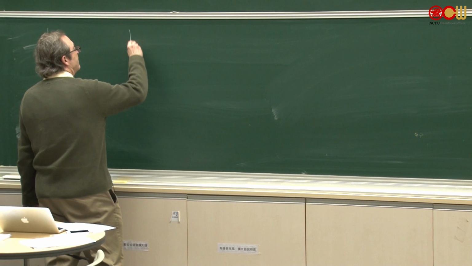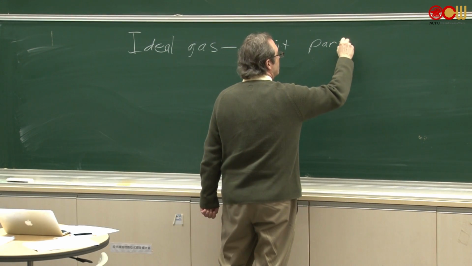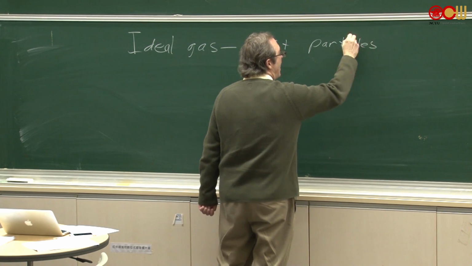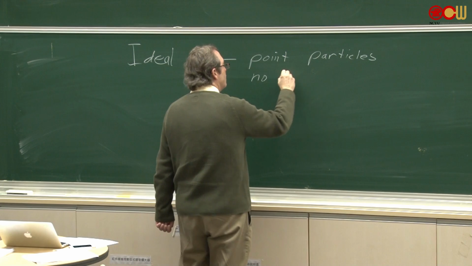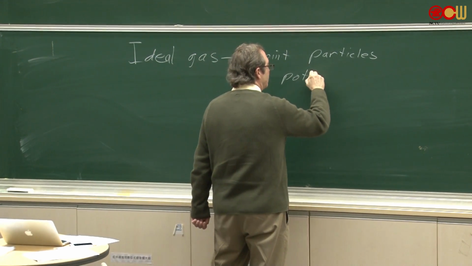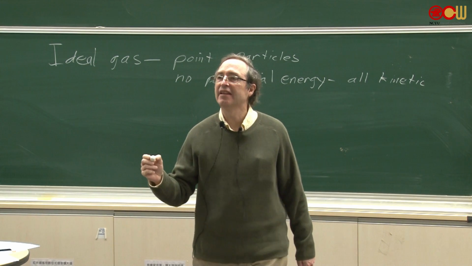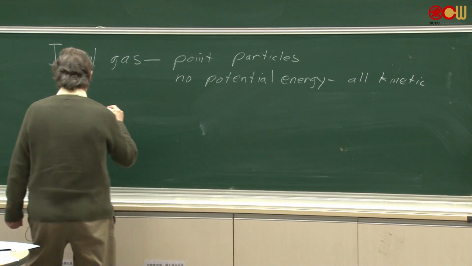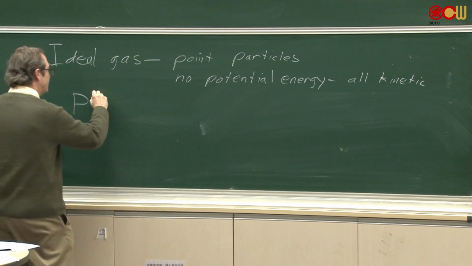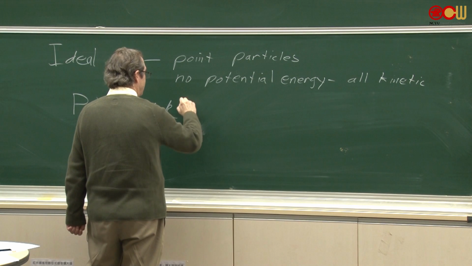So you know that the ideal gas, and remember this is for point particles, so they have no size and no potential energy, all kinetic. So that's what defines an ideal gas. Okay? And the result we know is that PV equals NkT.